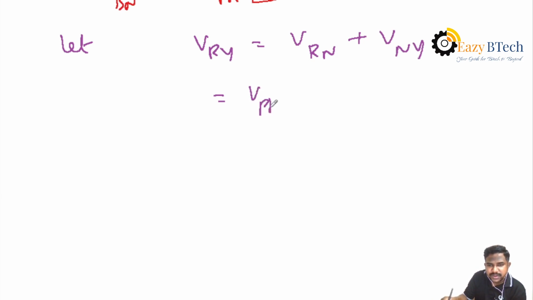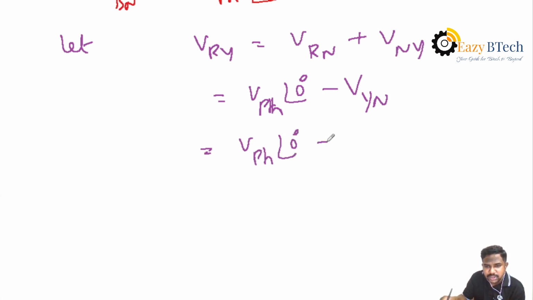That is the phase voltage at an angle of 0 degrees, plus here we have the value VYN. That is why the vector will be reversed, NY is the reverse of VYN. So VRY is Vph at an angle 0 minus VYN, and we know the value of VYN is Vph at an angle of minus 120 degrees.